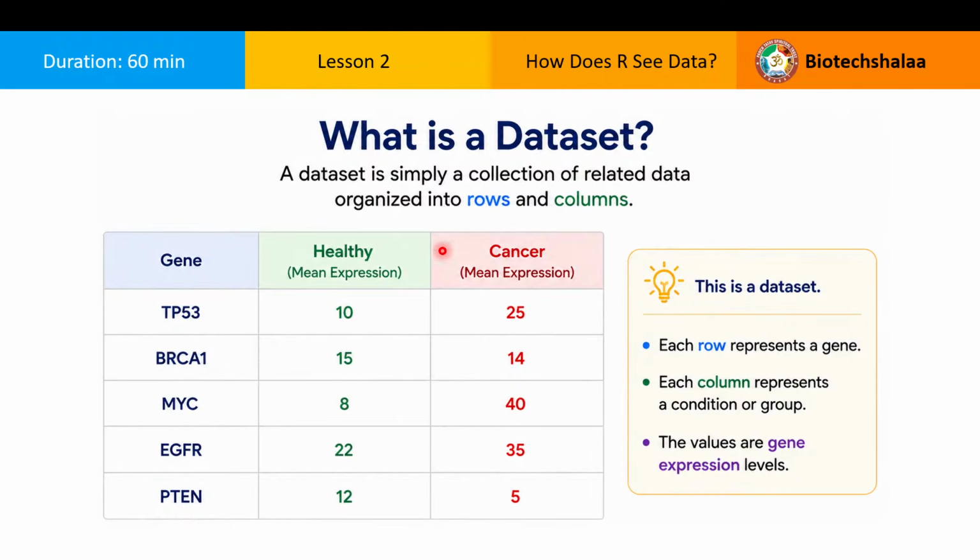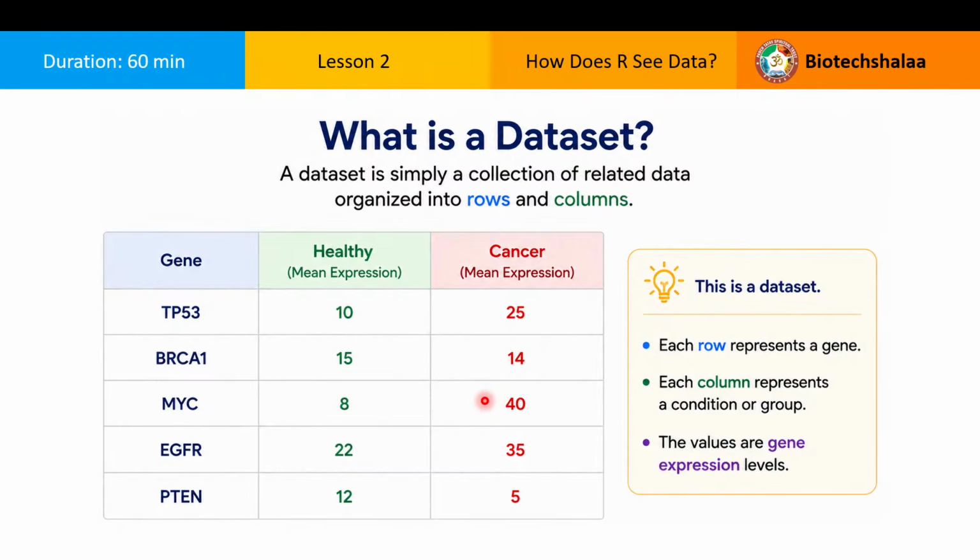A computer does not think that this is a gene expression table. It thinks that this is organized as rows and columns, and this is why almost every programming language, not just R, works so well with tables.